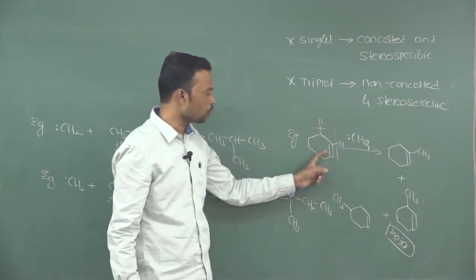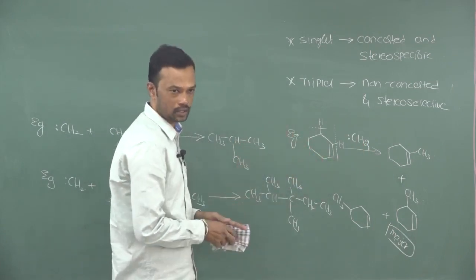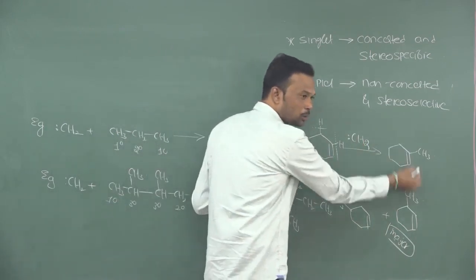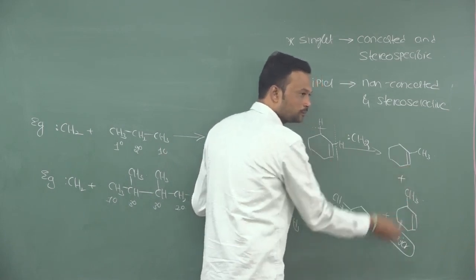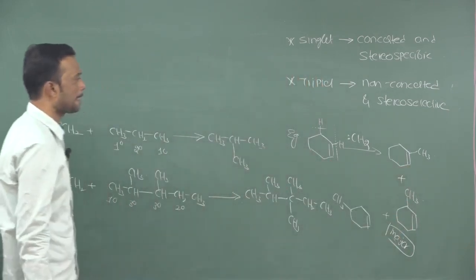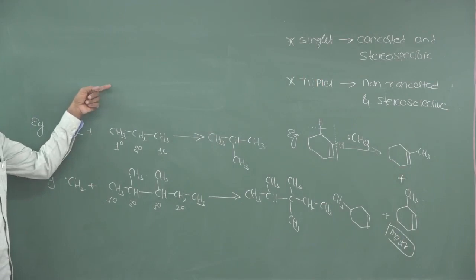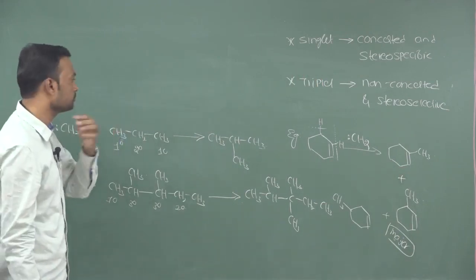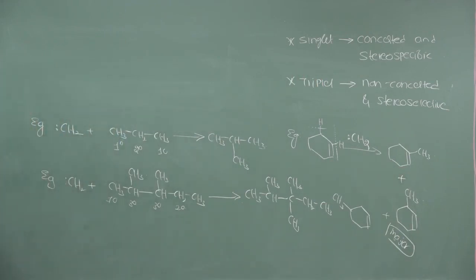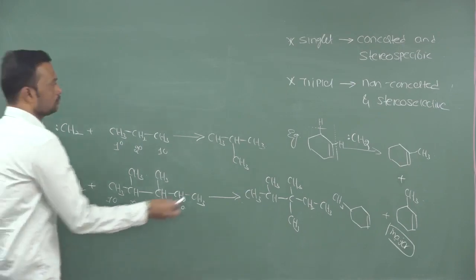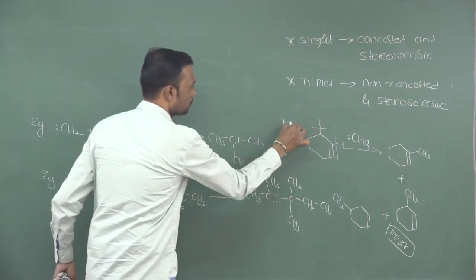Insertion of carbon around a double bond will lead to an insertion reaction. That insertion reaction will give multiple products, so which is major among them? This is the order you need to follow: benzyl, allyl, tertiary, secondary and primary. This is important for the exam.